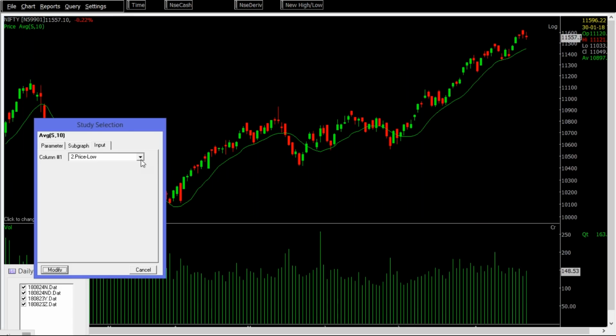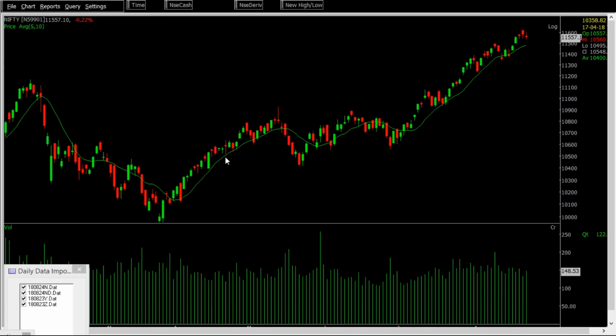So there is a different scenario, and as soon as I change it back to the price close average, you see how beautifully it shows that in a certain market phase the price comes and takes rest on this average. So these are subtle things to be noted: a difference in the parameters can have a different meaning for different stocks at different times.